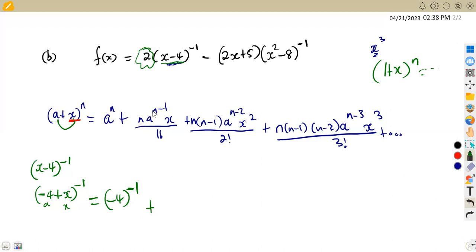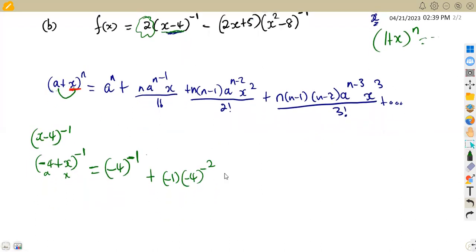Remember the concept of derivative: you drop the exponent, you subtract 1. So we drop this exponent, which is negative 1, then subtract 1 on the exponent. So it's negative 4 to the exponent of negative 2, just like derivatives.